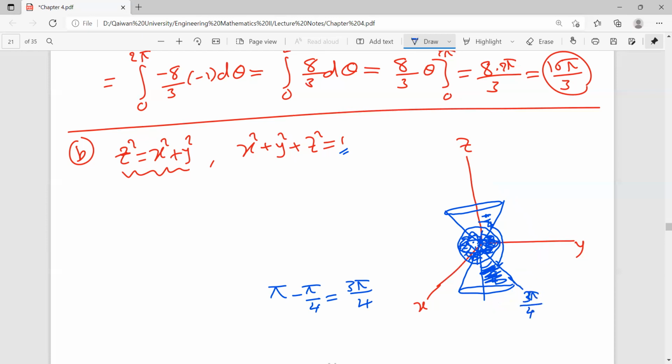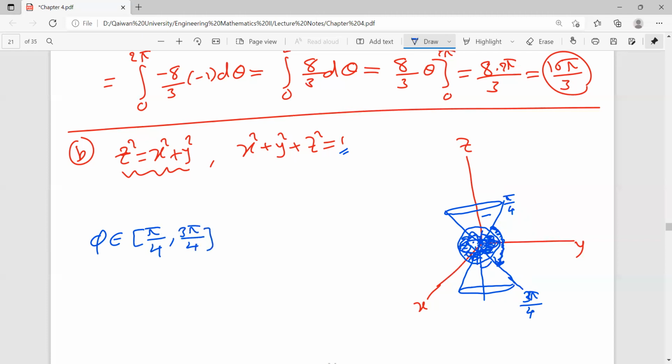It means phi is from pi over 4 to 3 pi over 4. Here you have this part of the solid for the volume, and this part also. We just have the solid from this to here. So phi belongs to pi over 4 to 3 pi over 4.